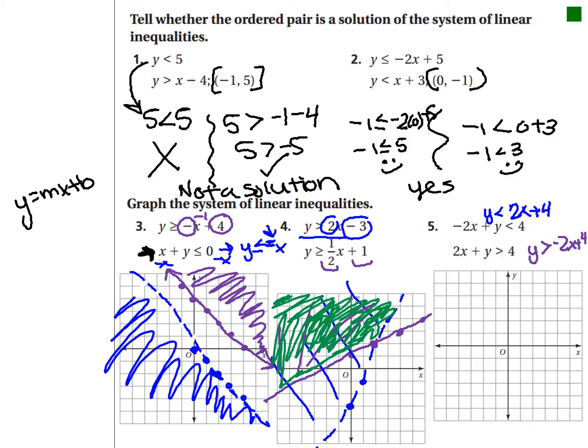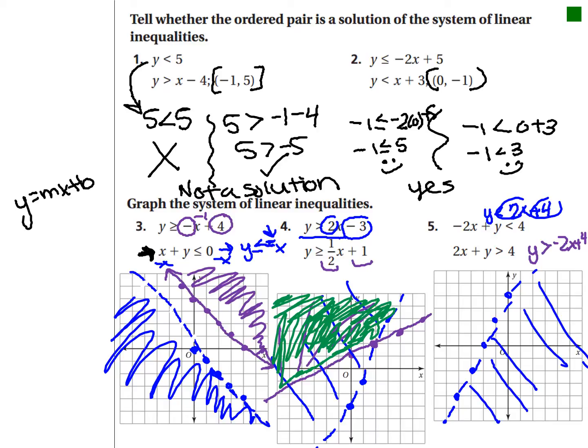All right, graph, slope 2, intercept 4, 1, 2, 3, 4, up 2 over 1, or down 2 to the left 1, 1, 2, left 1, 1, left 1. All right, this is going to be a dotted line, and we're going to shade to the y is less than, so we're going to shade down.